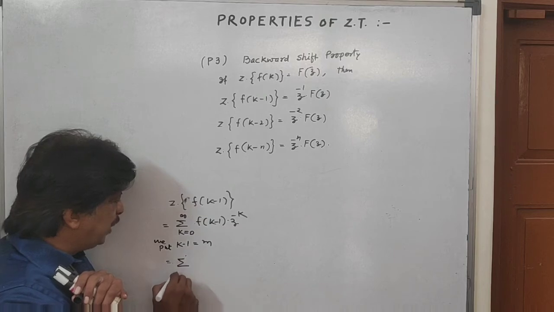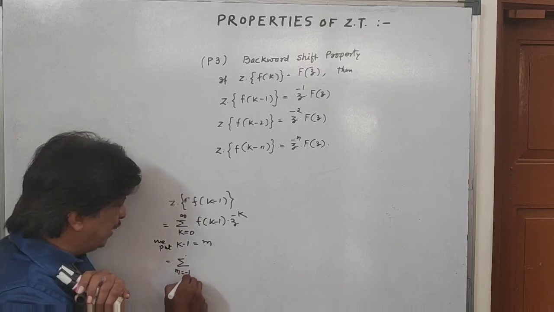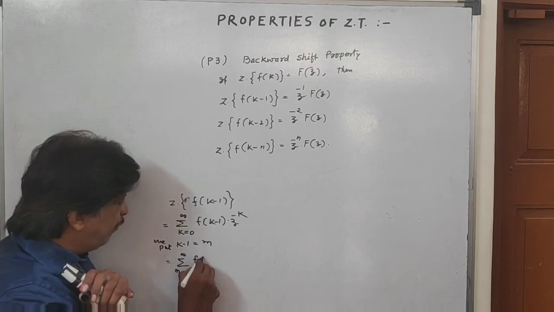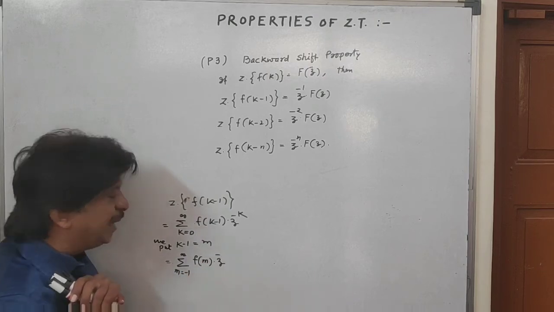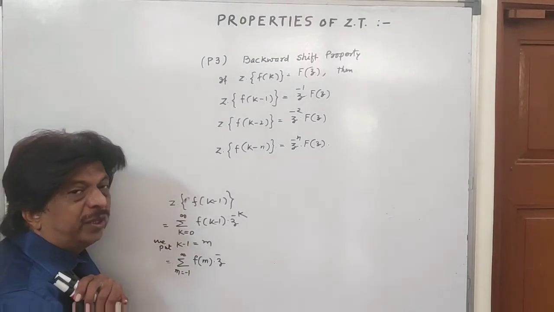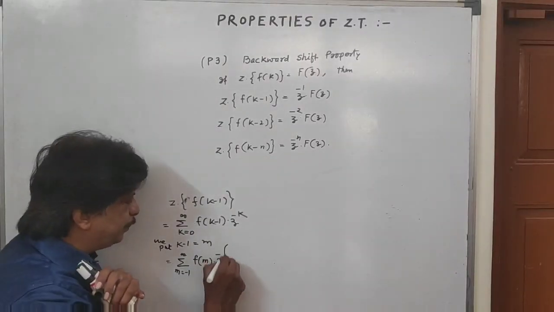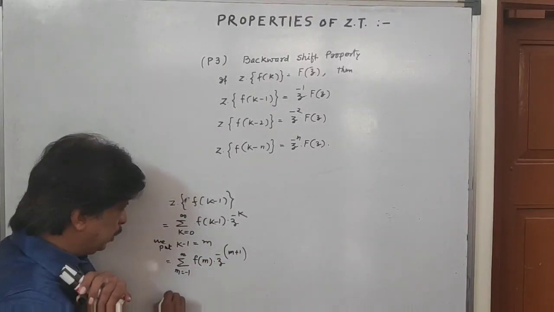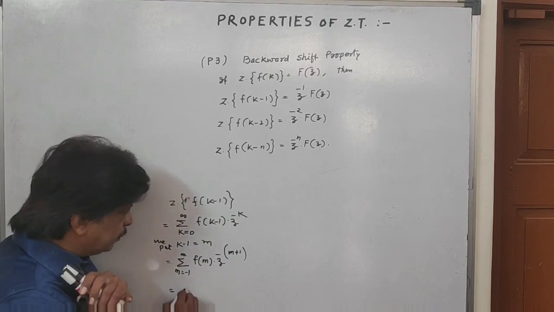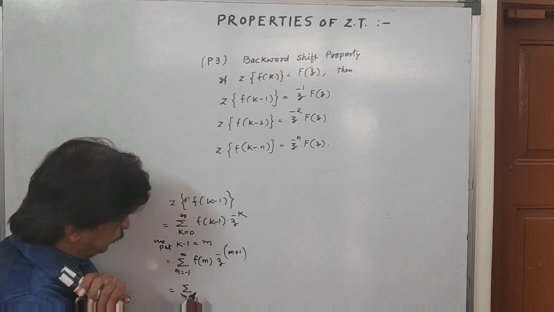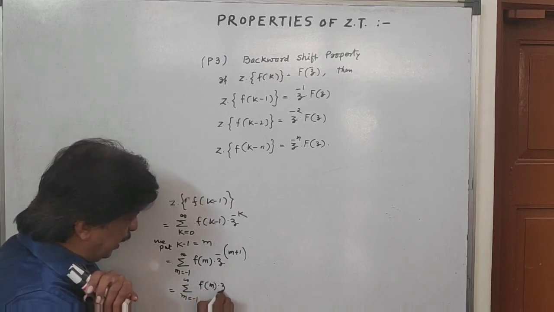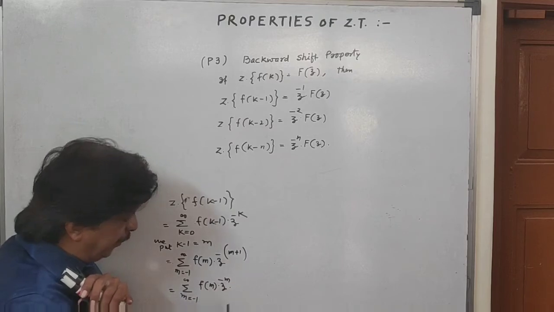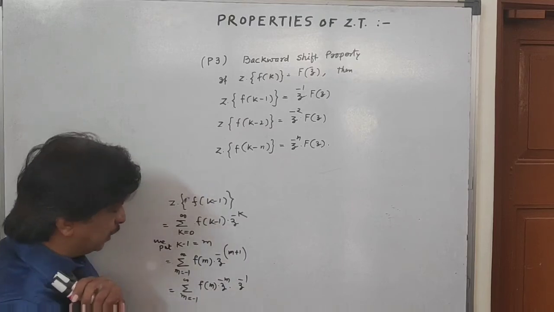So this summation reduces to m equal to minus 1 to infinity f of m into z raised to power minus k. What is the value of k? It is now m plus 1. So that is equal to summation m equal to minus 1 to infinity f of m into z raised to power minus m into z raised to power minus 1.